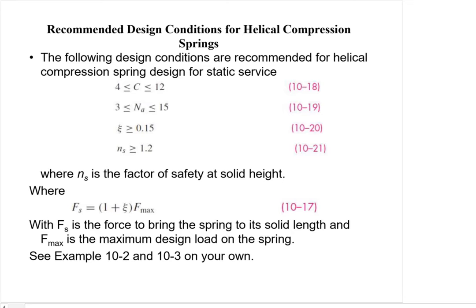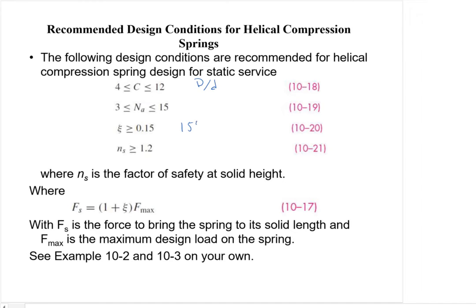Here are some recommended design conditions. C, this is just for a reminder, D divided by d. This is the number of active coils, this Greek squiggly line. This is the percent overrun. So in other words, you want your maximum, you want about 15%.